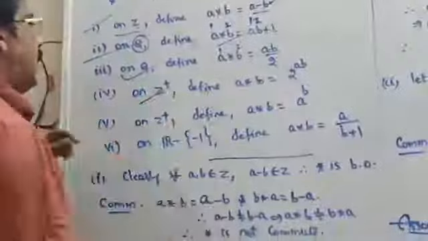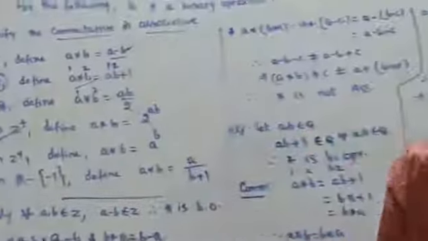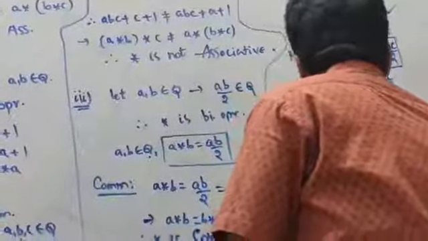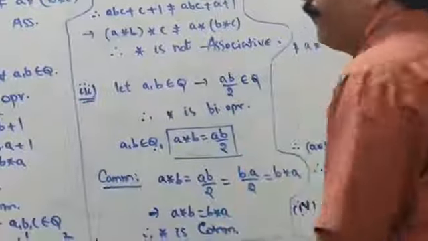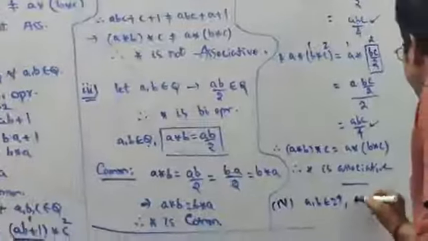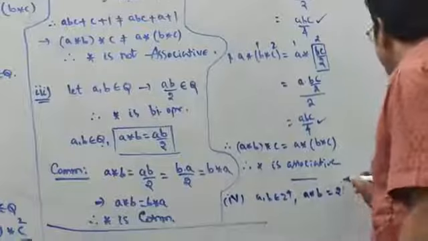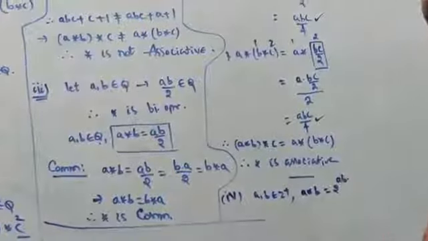Fourth question, on Z plus. a, b belong to Z plus and a star b is defined as 2 power ab.